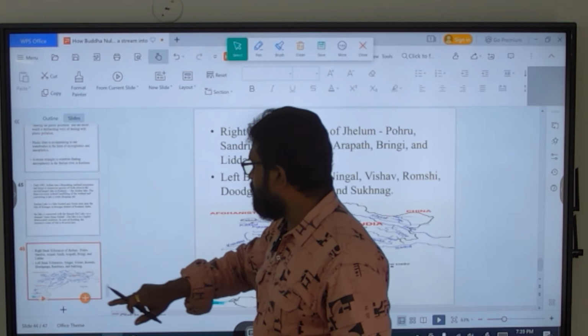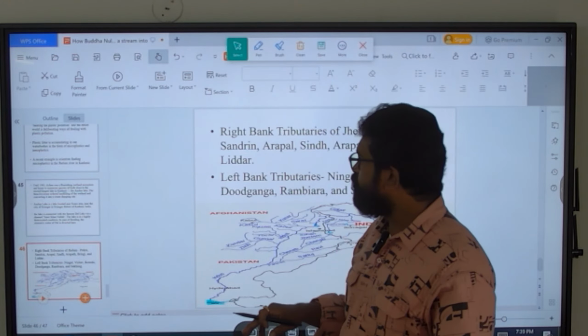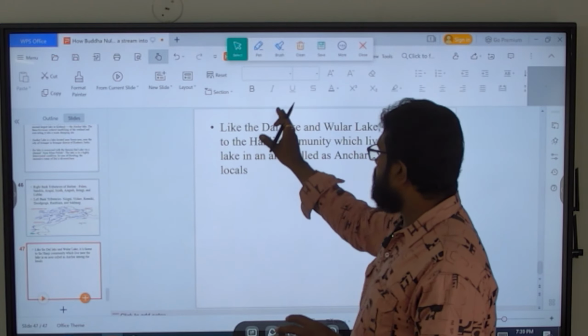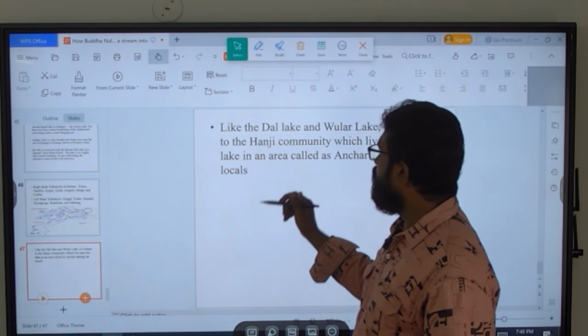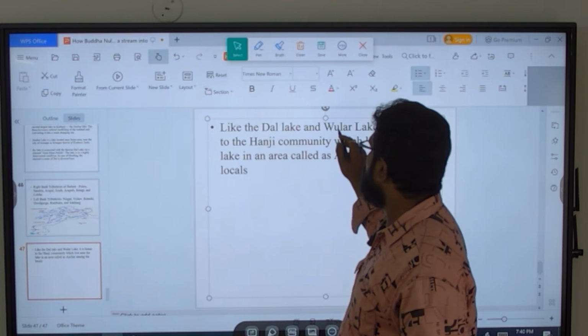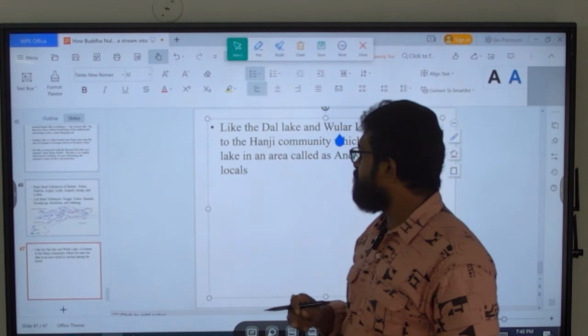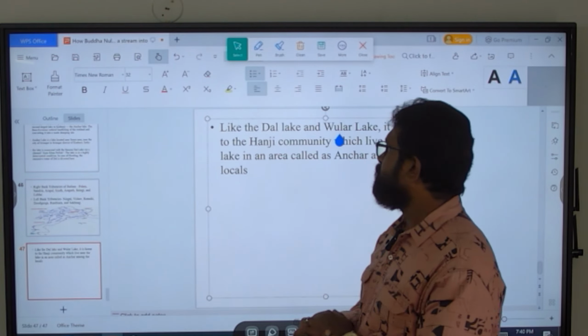And we studied that the Jhelum River has some right bank tributaries and also left bank tributaries, and the lakes over there in Srinagar, in Jammu and Kashmir, one is Dal and the other is Wular, and the community nearby this region is called the Hanji community, right?